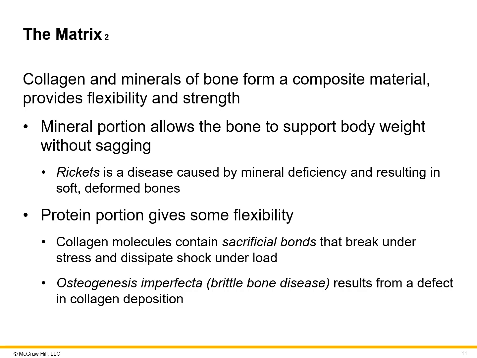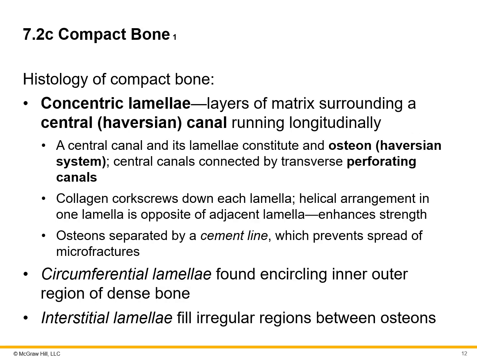Those are about 90% mineral, giving them the necessary stiffness to efficiently conduct sound vibrations to the inner ear, while the limb bones will have a higher percentage of collagen so they can bend slightly under the body's weight. Osseous tissue is adapted to different amounts of tension and compression exerted on different parts of the skeleton. The histology.